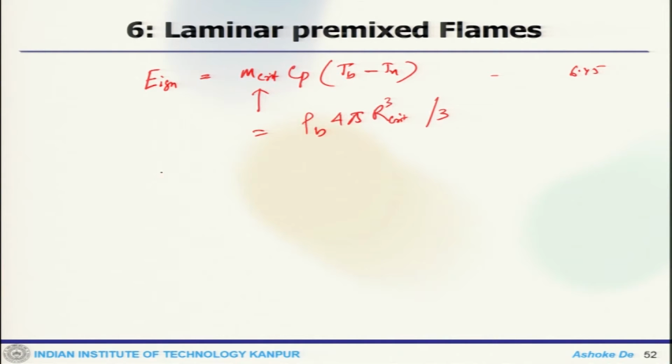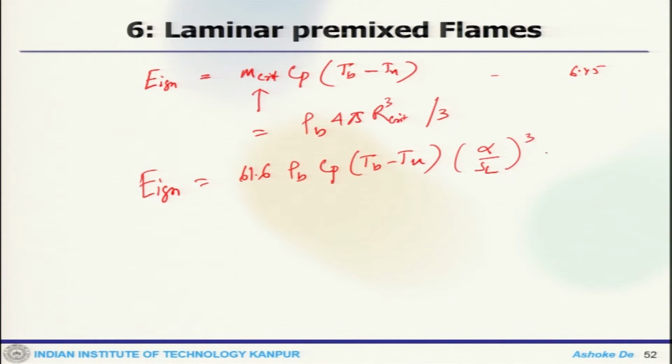So, if you put this back, we can write that this is approximately 61.6 rho b Cp Tb minus Tu times alpha by SL cubed. So, that is one way to express this, which becomes a function of burn density, temperature and the flame speed.